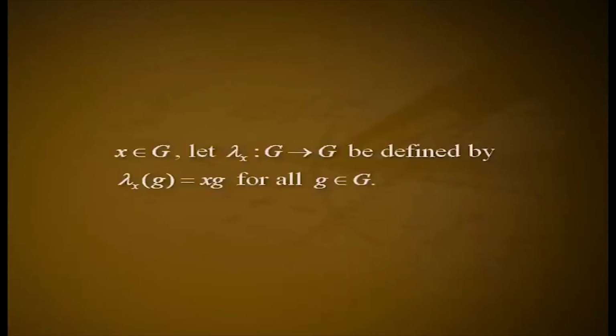For this, let x belongs to G. Let lambda x from G to G be defined by lambda x of g is equal to xg for all g belongs to G. We think of lambda x as performing left multiplication by x.